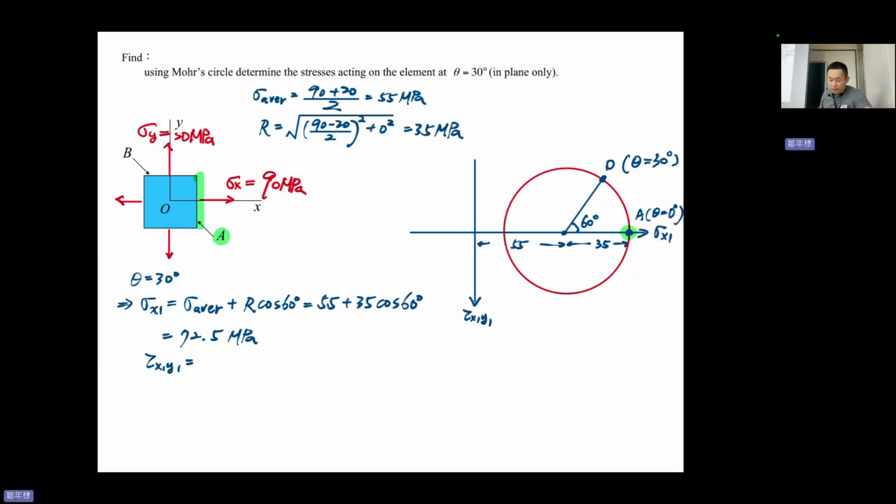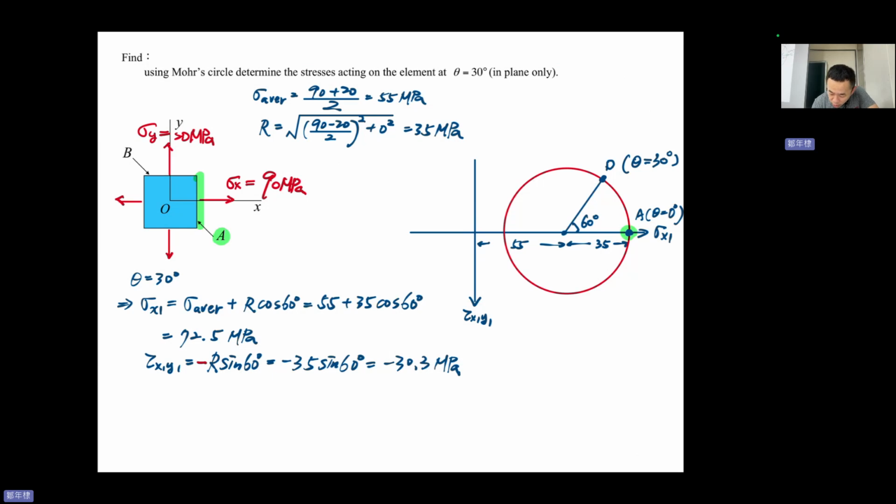What is the height of it? R sine 60. But don't forget that it is above the x-axis, so usually you should add a minus sign here. Minus 35 sine 60 degree equals minus 30.3 MPa.